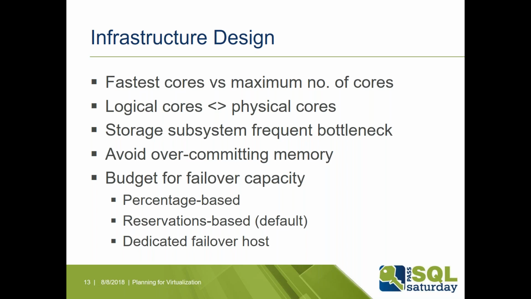In any case, the most frequent bottleneck, because you have to use shared storage, is the storage subsystem itself, either the path to the storage or the storage itself. Make sure that you spec your storage based not only on the capacity that you require, but also on the IOPS that you need, and the actual performance that you require.